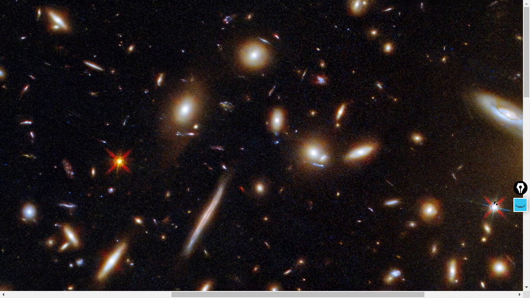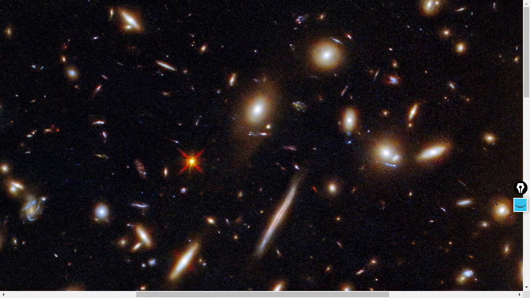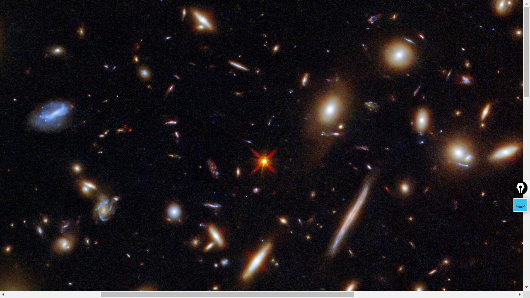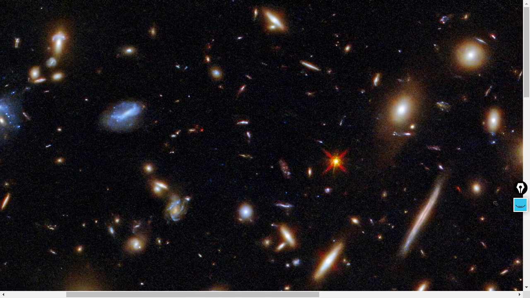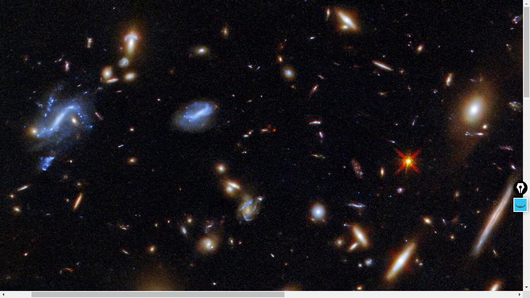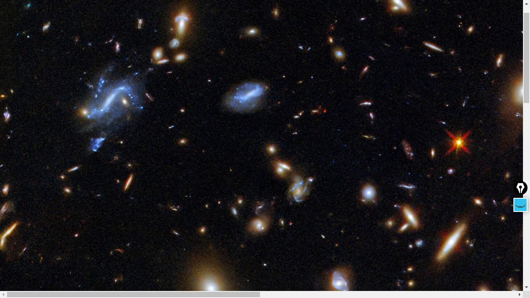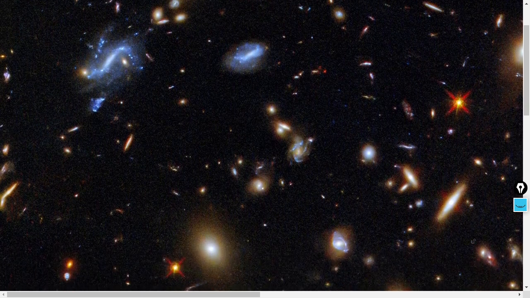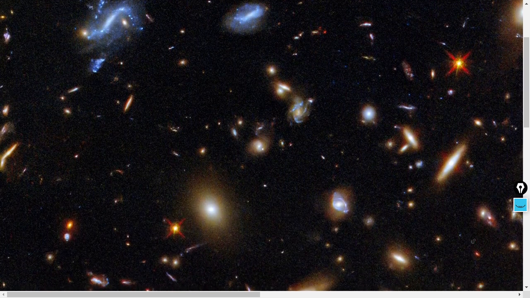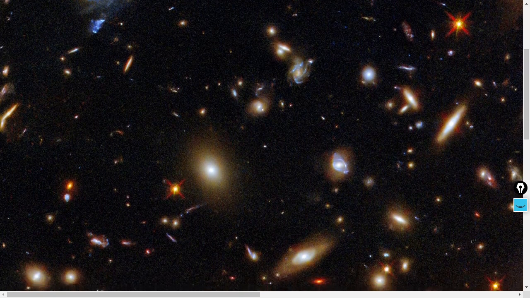Some great three-dimensional looking perspectives of some of the structures of these spiral arms and dust lanes in the internals of these galaxies. Great, great visuals there. Another merging pair of galaxies there in the upper left, it looks like. Another fantastic deep field image from the Hubble Space Telescope.